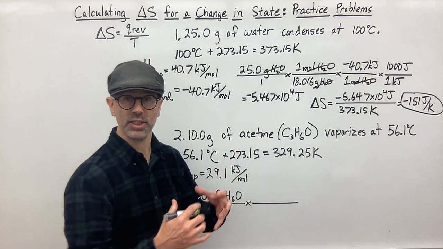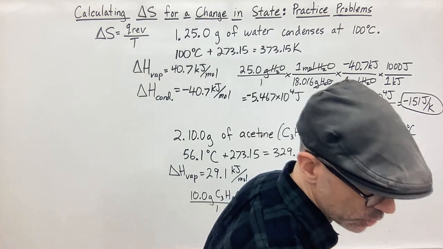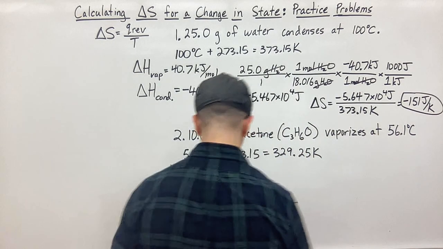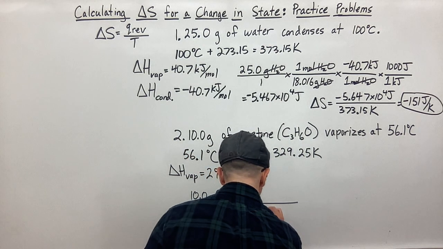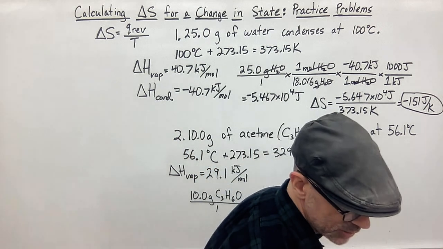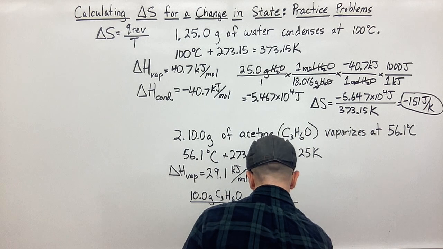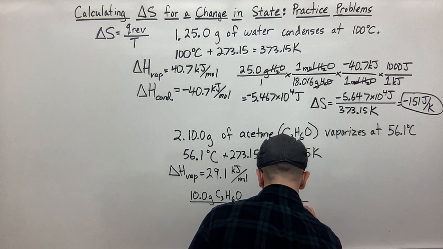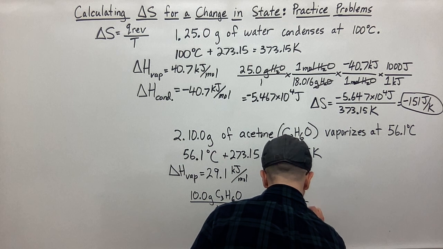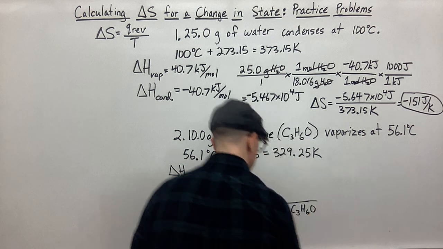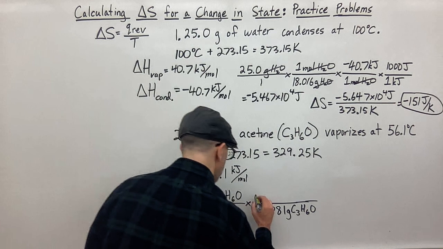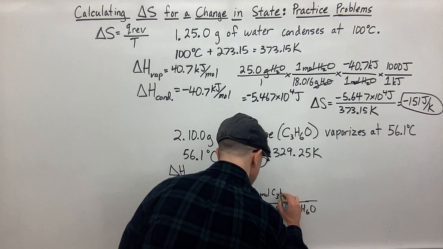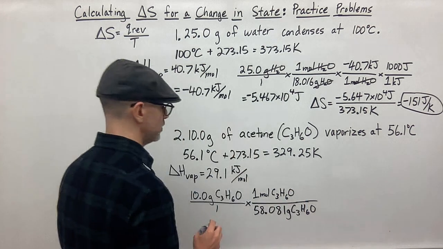So you calculate the molar mass of acetone, and when you do that, you get 58.081 grams of the acetone, C3H6O, over 1 mole of the C3H6O, the acetone.